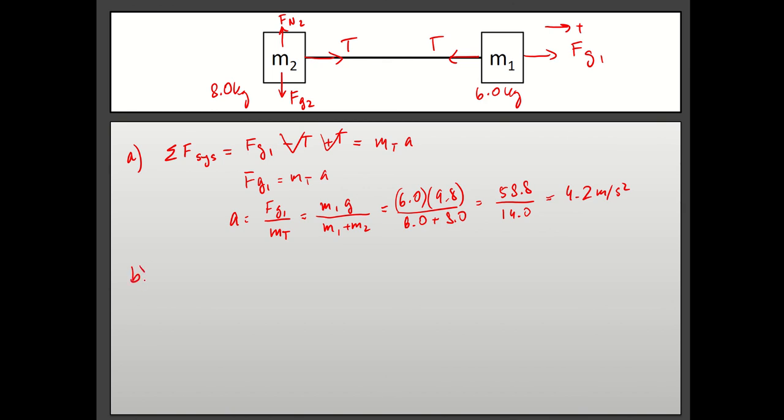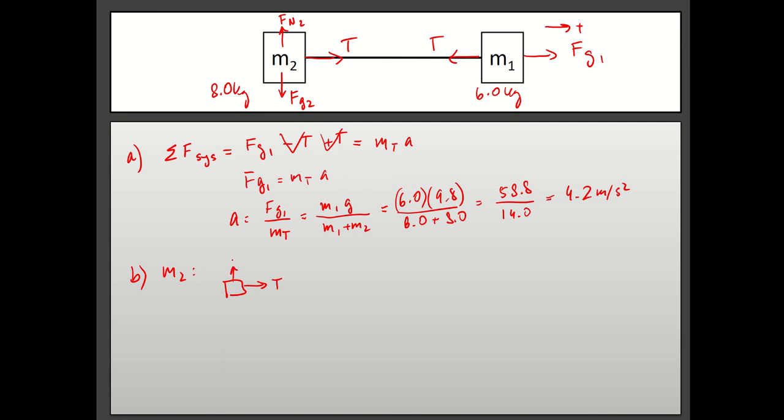Part B, we had to find the tension. Again, pick the mass with the least number of forces. In this case, M1 seems to be the simpler one, but you can also pick M2, just the same. You still can find the tension. Actually, if you look at M2, because we're looking for tension, that would be the only force. So this is the simpler one to use for tension, not this one. So I'm going to pick M2, and let me redraw my free body diagram.